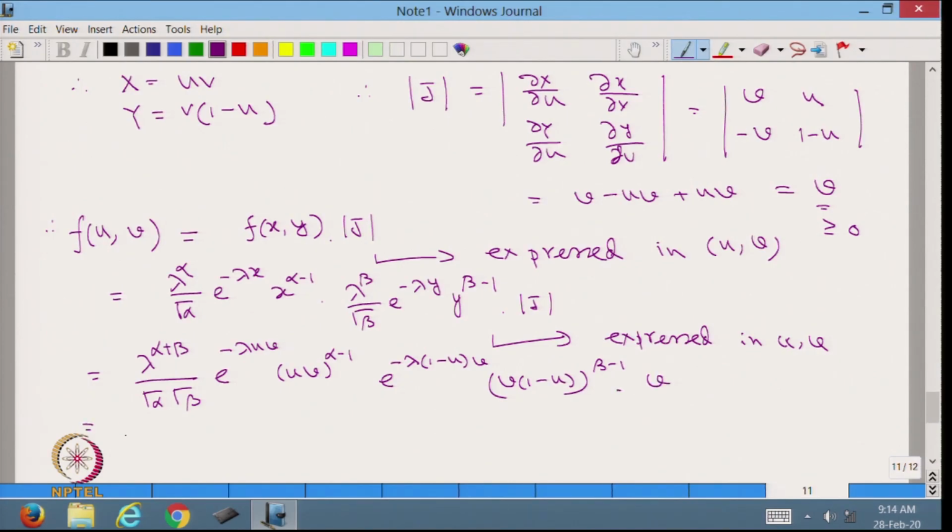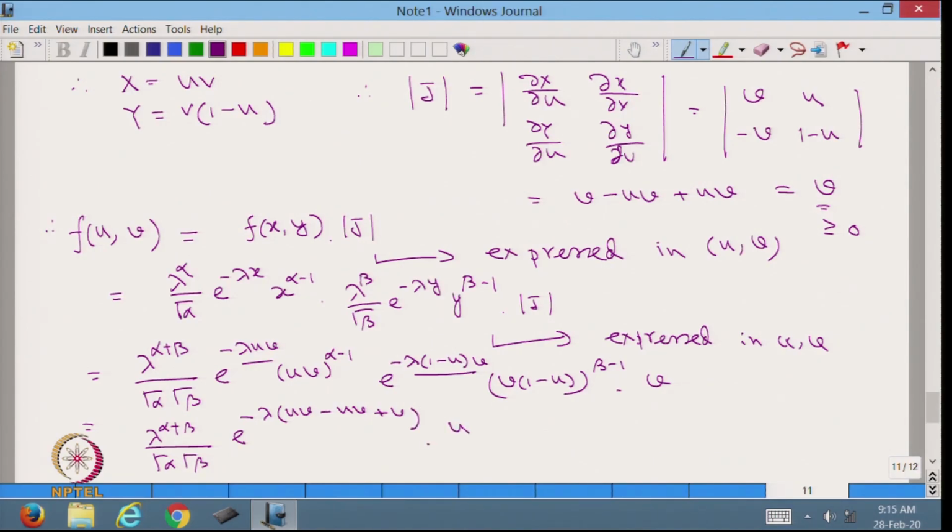This is equal to lambda power alpha plus beta upon gamma alpha gamma beta e to the power minus lambda, u v minus u v plus v, by combining these two.